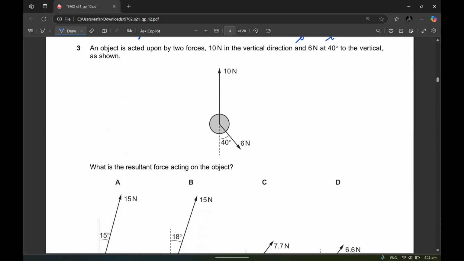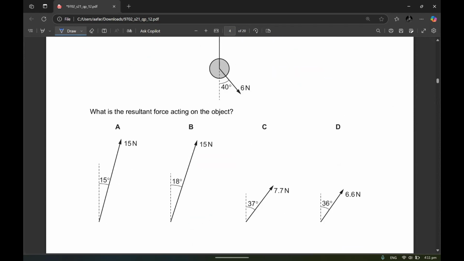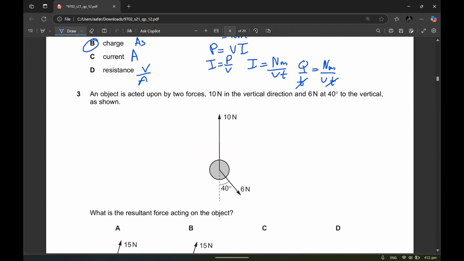Okay, so if we draw this 6 Newton force over here, let's do the Pythagoras. Let's make the components of this force. This will be 6 sine 40, and this will be 6 cos 40.